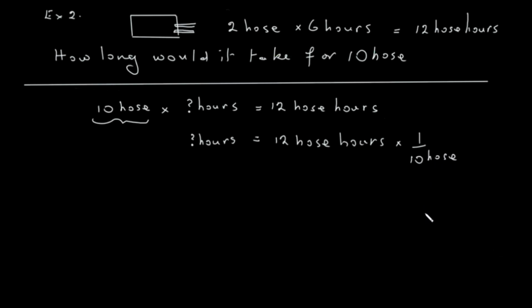The inverse, inversely proportional. Now look, hose, unit of measurement, hose, cancels that. The only unit of measurement left is hours, so the unit of measurement on the right now matches the unit of measurement on the left. So we've got the question mark hours equals 12 over 10 hours. So look, that 12 divided by 10 is 1.2 hours.